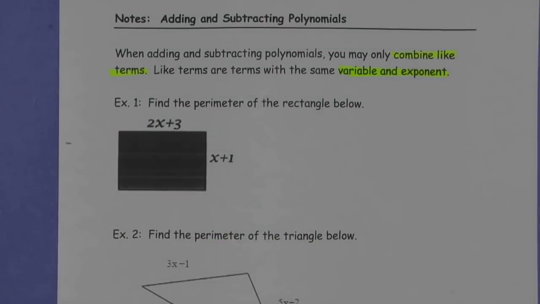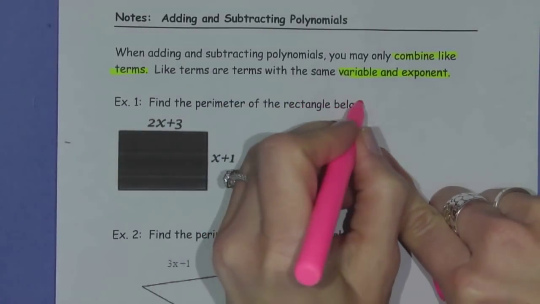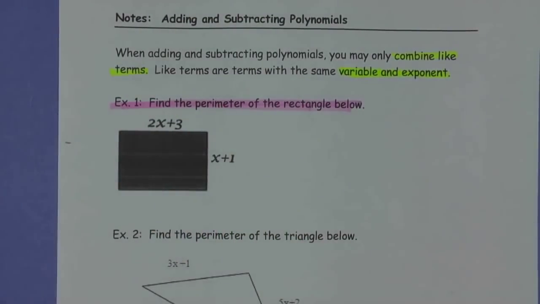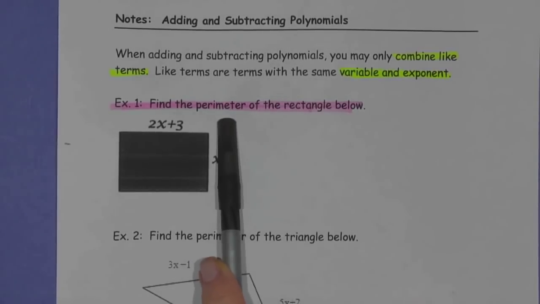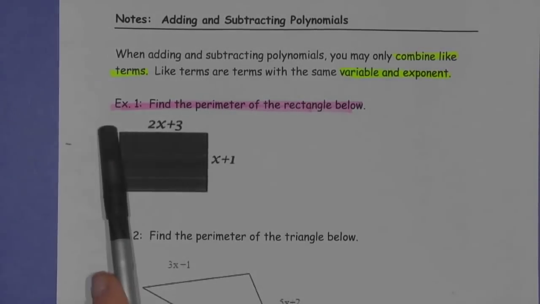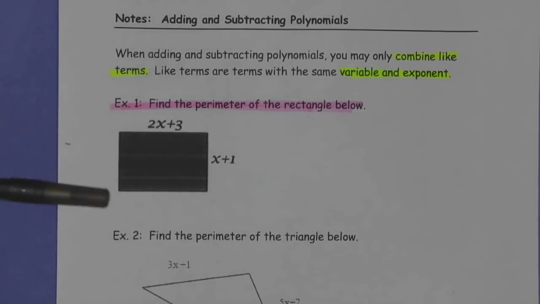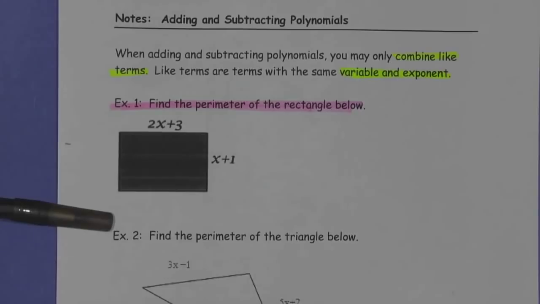So let's take a look at example 1. Example 1 says, find the perimeter of this rectangle below. So we're going to have to revisit perimeter, which is probably the key word here. So hopefully you remember that the perimeter of a rectangle is found by adding up all four sides of the rectangle.